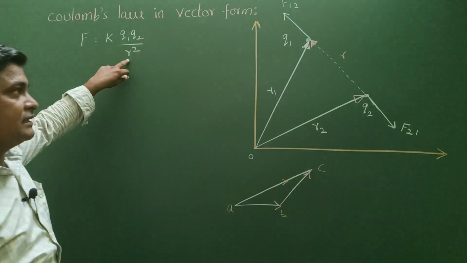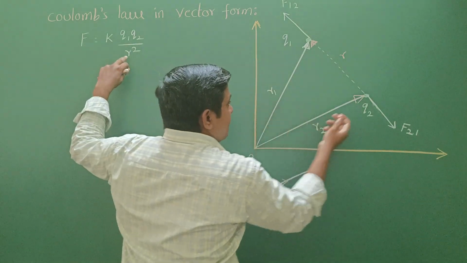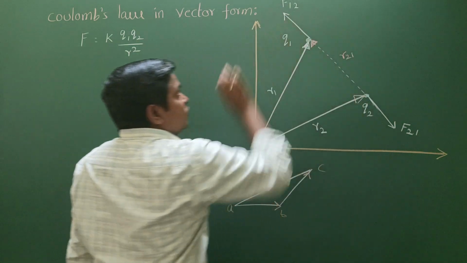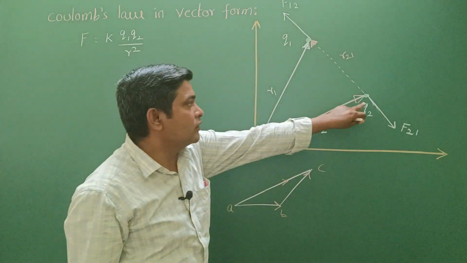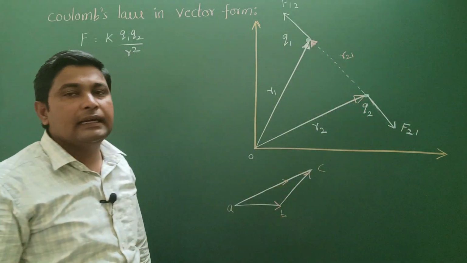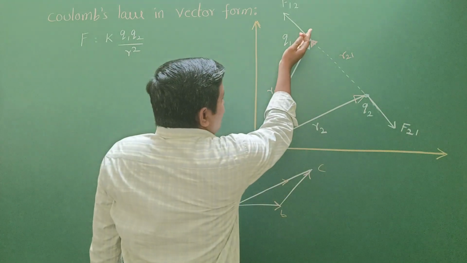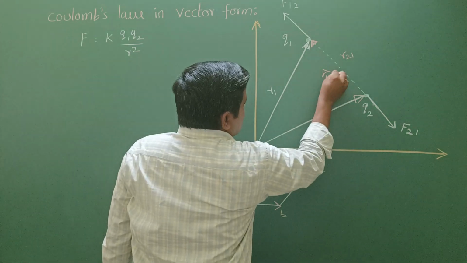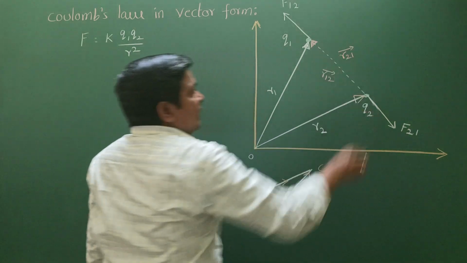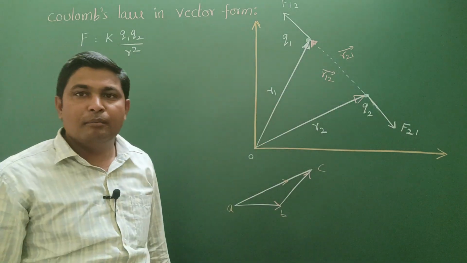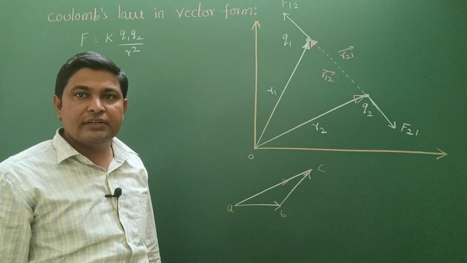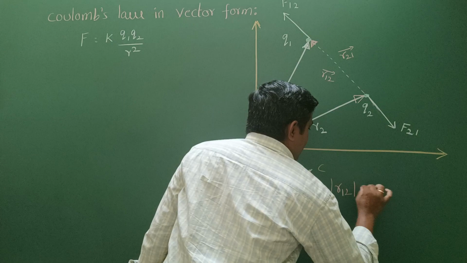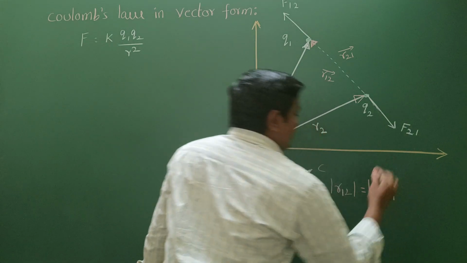Actually in the formula it is r, but to understand it easily, r2 to 1 is in the direction from 2 to 1. If you come from q1 to q2, it is the r1 to 2 vector. Both have opposite direction, but the magnitude is the same. So the magnitude of r12 equals the magnitude of r21, except the direction is quite opposite.